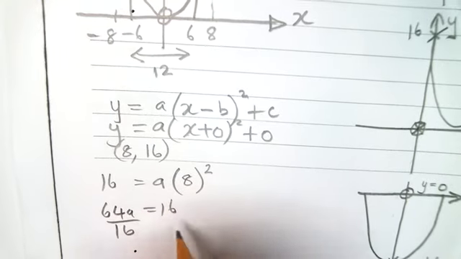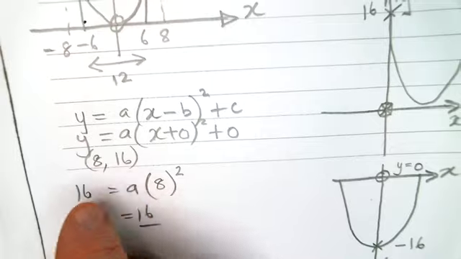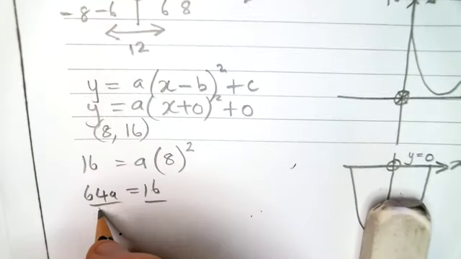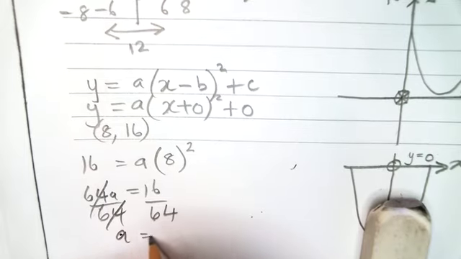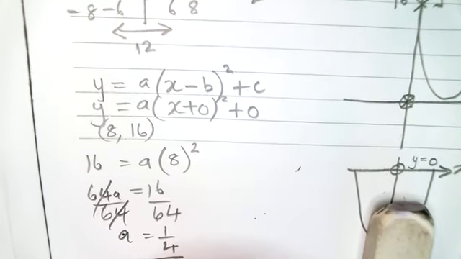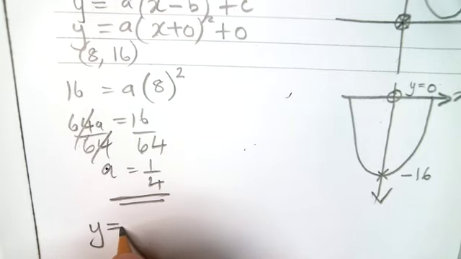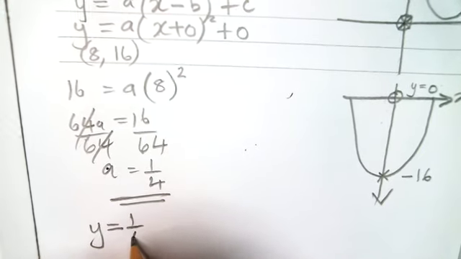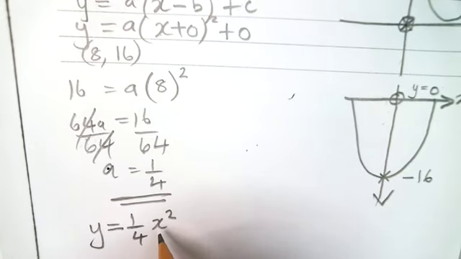Dividing both sides by 64, a is equal to 1/4. So now we've got an equation: y is equal to 1/4 x squared. So there's our parabola.